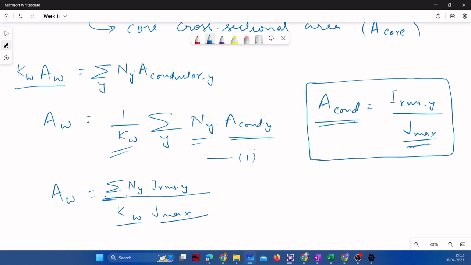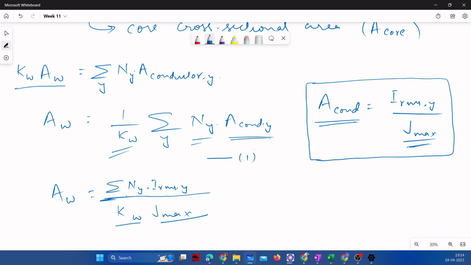Now see, initially we reduced the unknowns to two, I RMS and area of conductor. Now here you can see that it has come to N into I RMS divided by Kw into J max. Now you know the J max, you know the window area factor, and the numerator N into I is the other parameter.